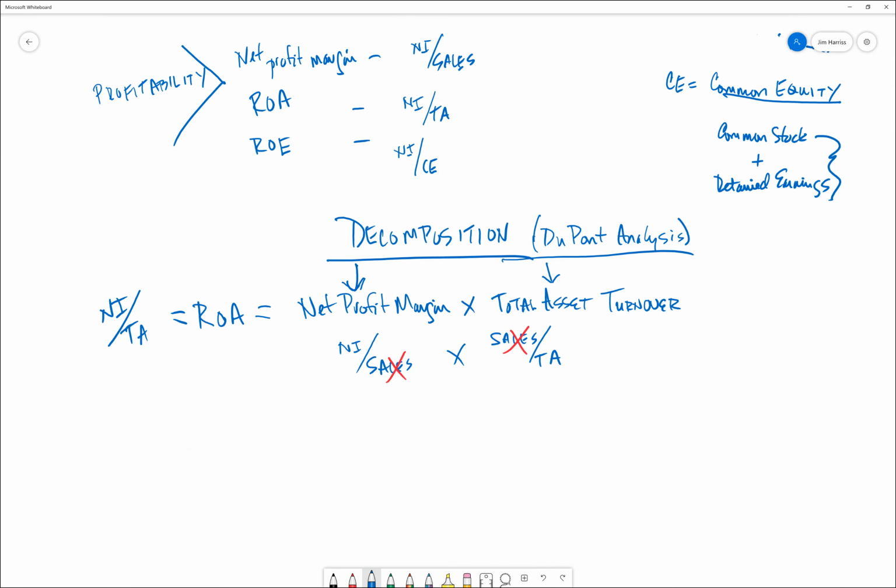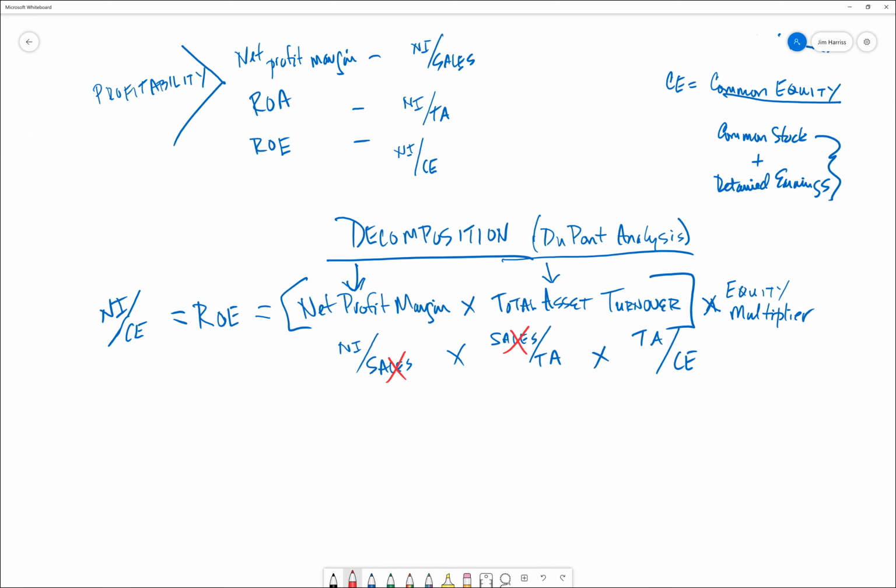Okay, but what about if I'm interested in ROE? Well, guess what? ROE is nothing more than ROA times something called the equity multiplier, which is total assets over common equity.